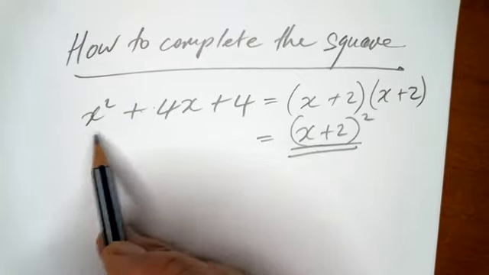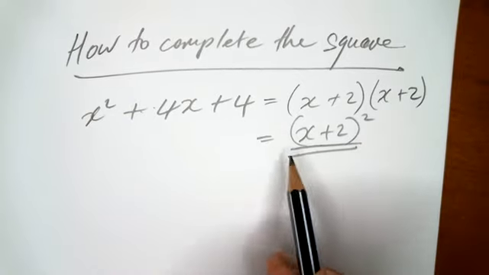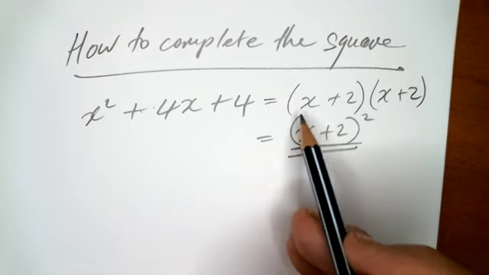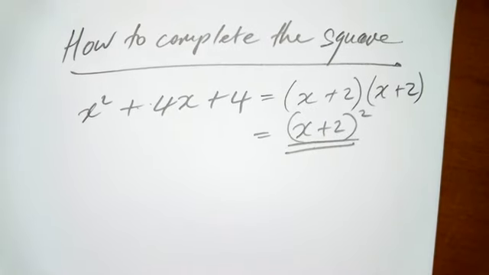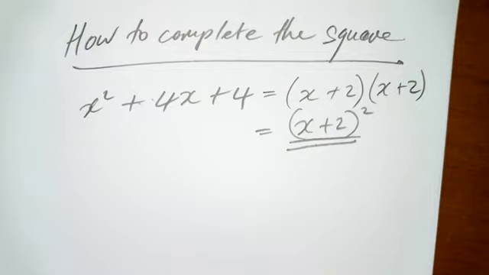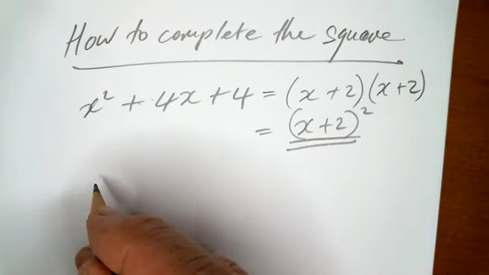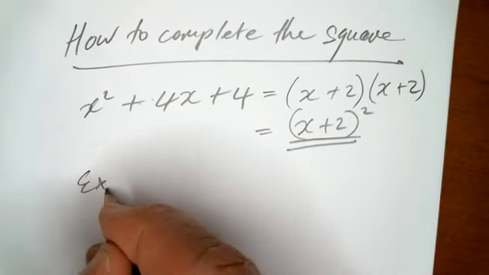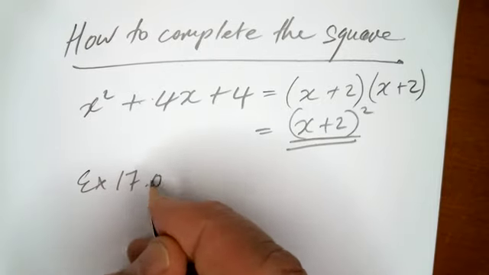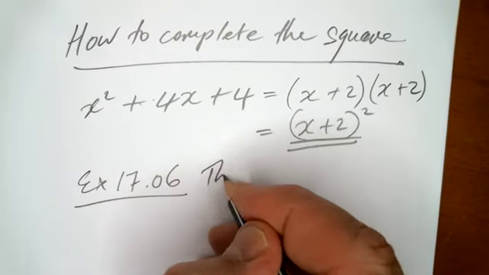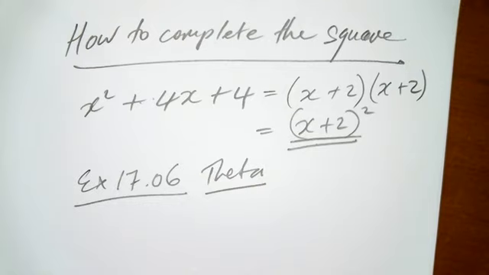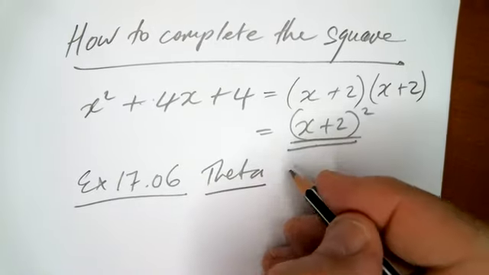Now, in this equation here, it automatically forms this. And we can see that when we factorize it. But what say it doesn't? Let's say, for example, I've got some examples here. I'm going to use exercise 17.06 from the Theta mathematics book. Let's imagine we've got question 1.